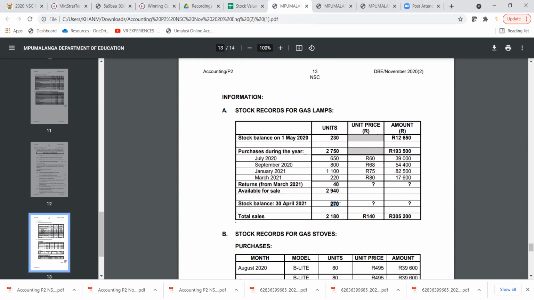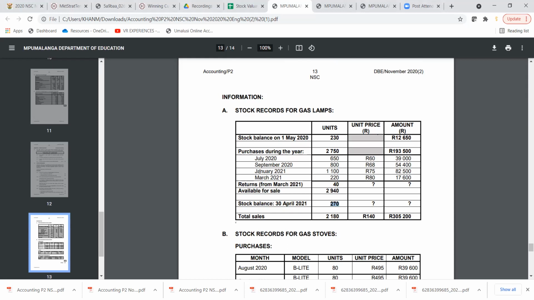Remember what we said in 4.1.2: closing inventory using FIFO, we start off with the most recent purchases. In another way, we start off with the last purchases and work our way up.